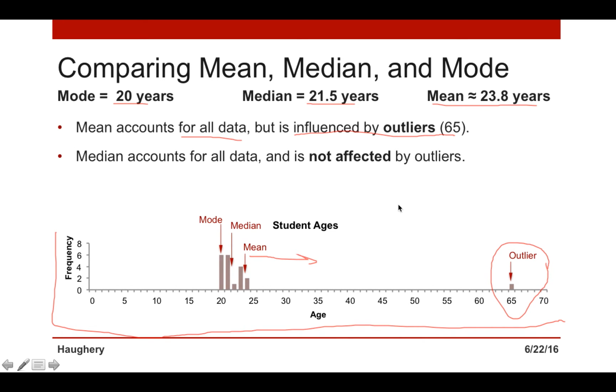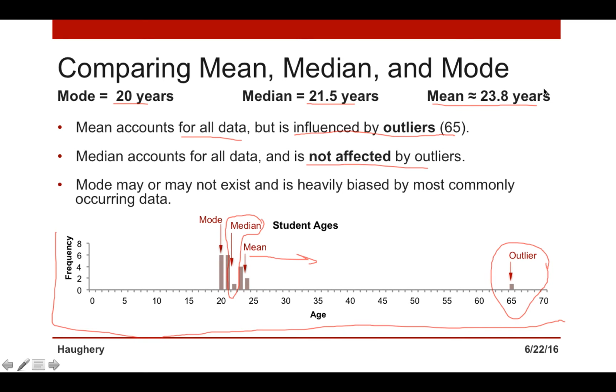The median accounts for all the data, because you order them all and then look at the one in the middle. It is not affected by the outlier. It's closer to what looks to be the middle. Then, of course, the mode may or may not exist, and it may not be biased by the outliers.